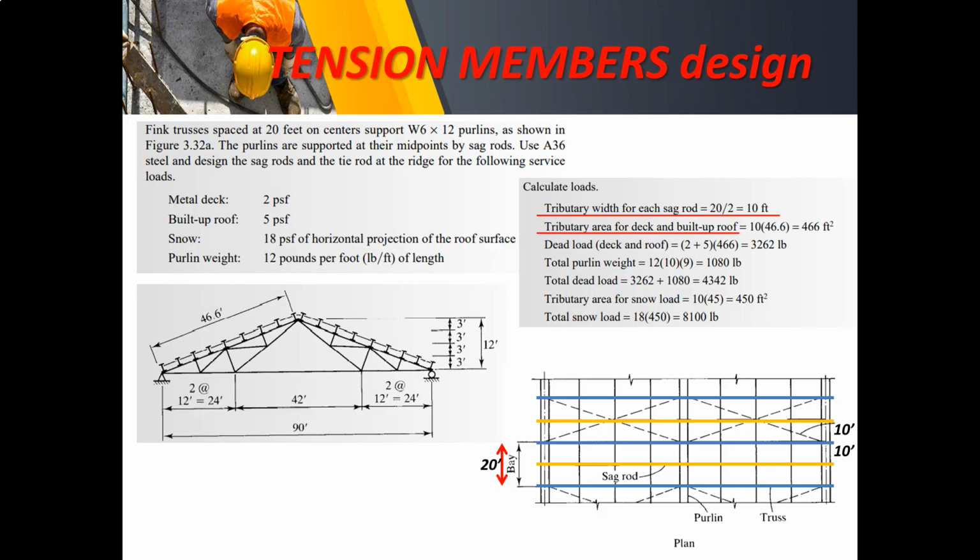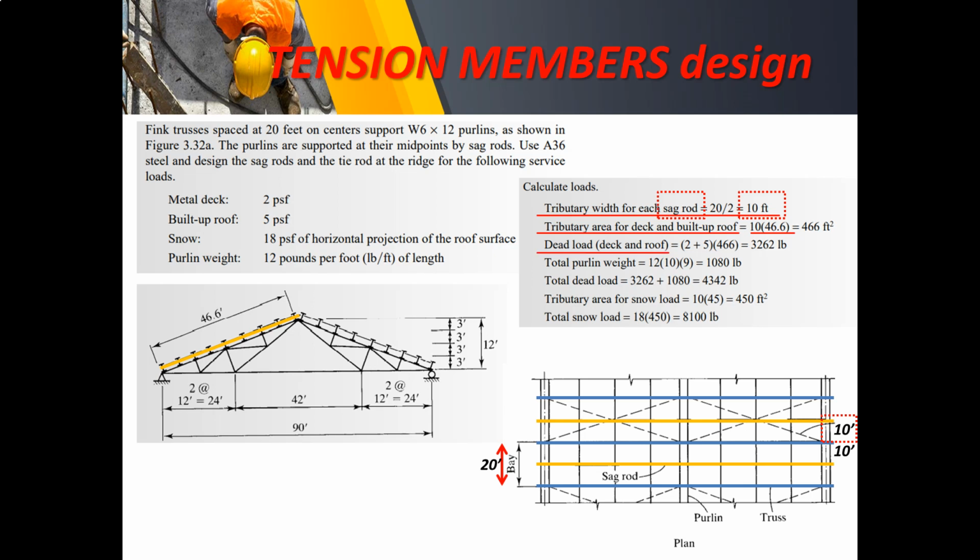So therefore, the tributary area for deck and built-up roof for each sagrod, that is 10 feet width and an inclined length of 46.6. So 10 by 46.6, we have 466 square feet.